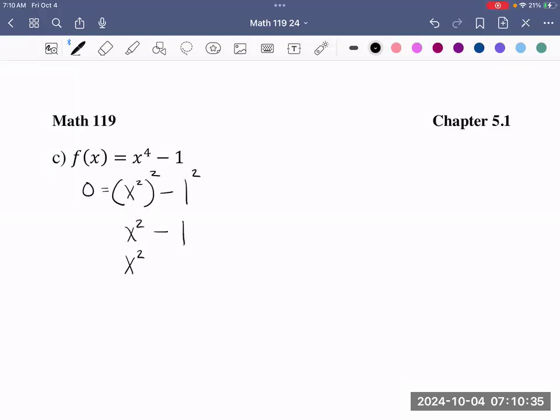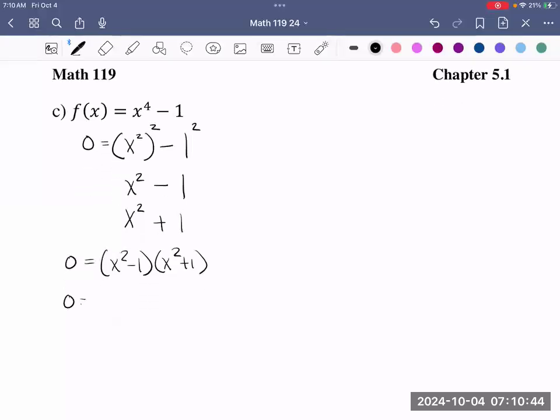We have -1 and +1. So for your factored form, we have x squared minus 1 and x squared plus 1. And if we were to expand this, we have x plus 1, x minus 1, and an x squared plus 1. So these are all of your factored forms.